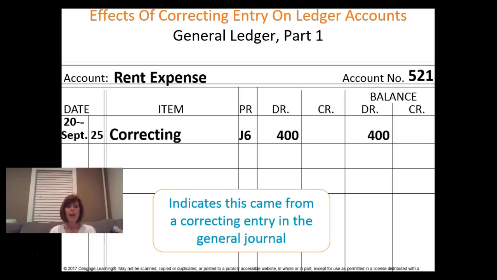Okay, and so now we're at the general ledger for the rent expense. We show this is a correcting entry from the journal page 6, debit to our rent, and that shows that we'll have a balance for this period of $400 paid in rent.